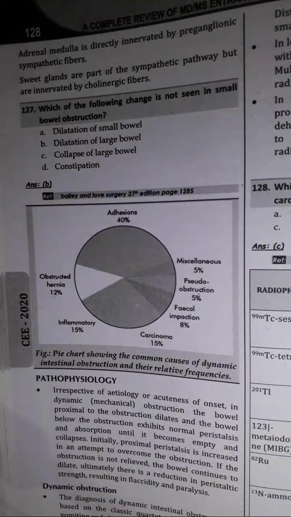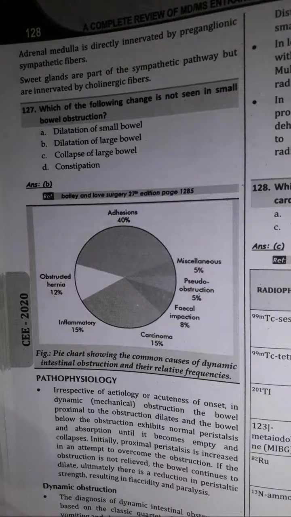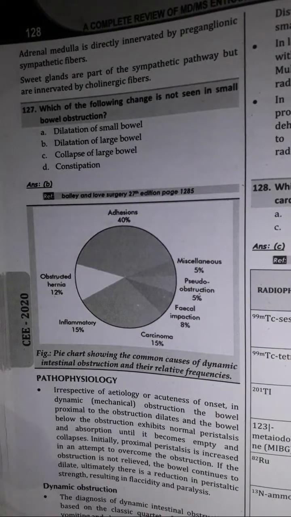Initially, proximal peristalsis is increased in an attempt to overcome the obstruction. If the obstruction is not relieved, the bowel continues to dilate and ultimately there is a reduction in peristaltic strength resulting in flaccidity and paralysis.